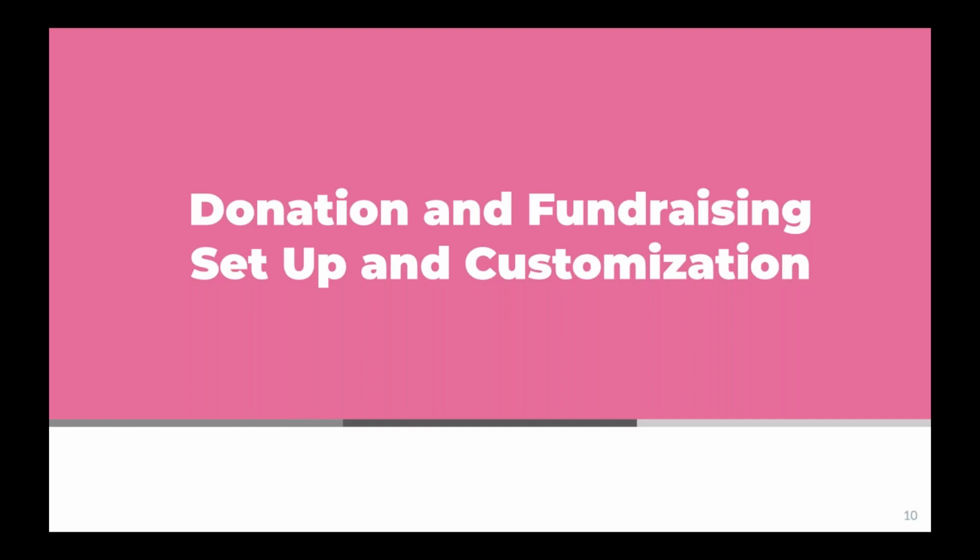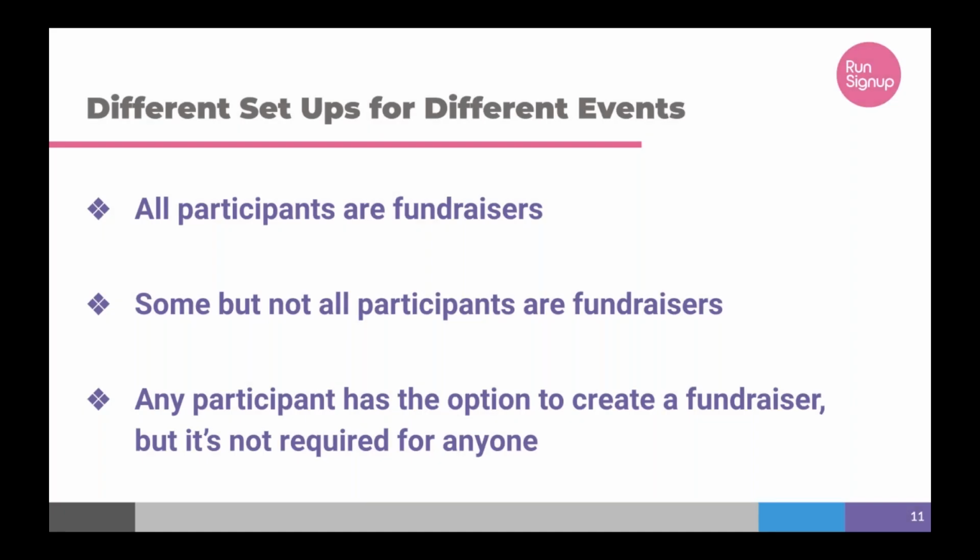Okay, so first we're going to start with the setup and customization for different fundraising types. I broke this down into 3 different types of fundraising events that I see happening on our platform. The first is where all participants are fundraisers. So every single person who is coming out to your event and signing up is also a fundraiser. The second type is where some, but not all, participants are fundraisers.